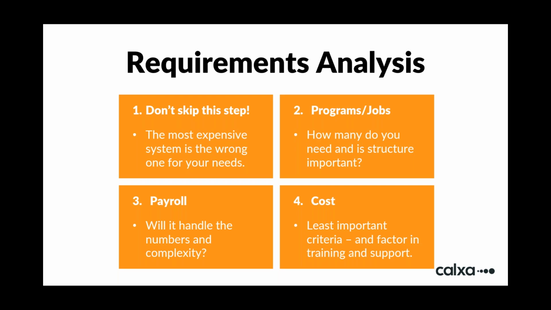So yes, you need to be careful with the budget, but get the system that's right for you first. And make sure that, especially if it's a system that's quite different to the previous one that you've used, you get some training, get some support, get it set up right, and then go from there and make an informed choice about what you're doing.